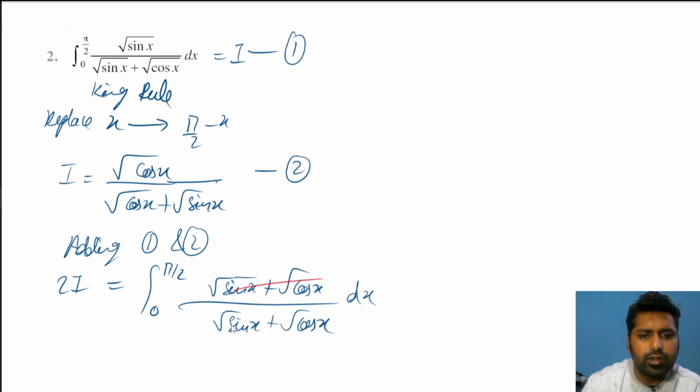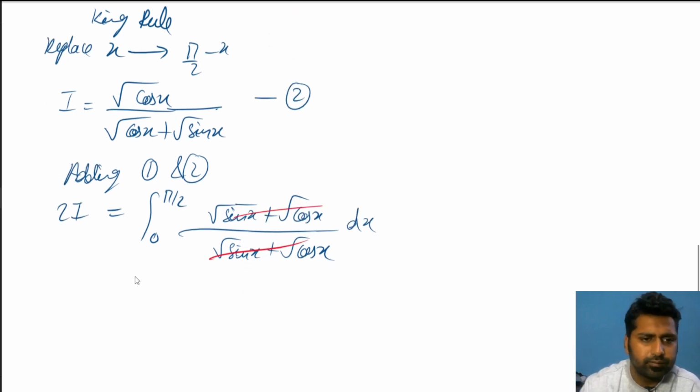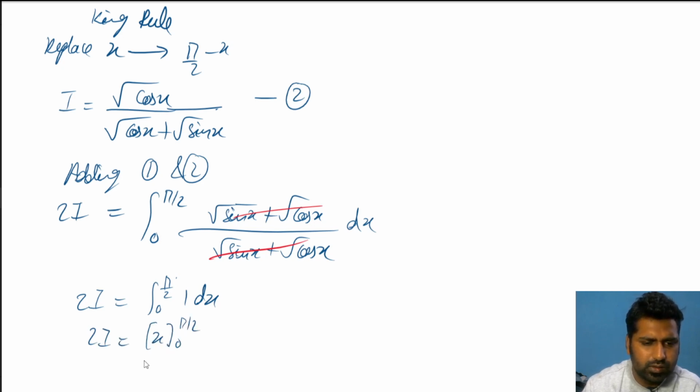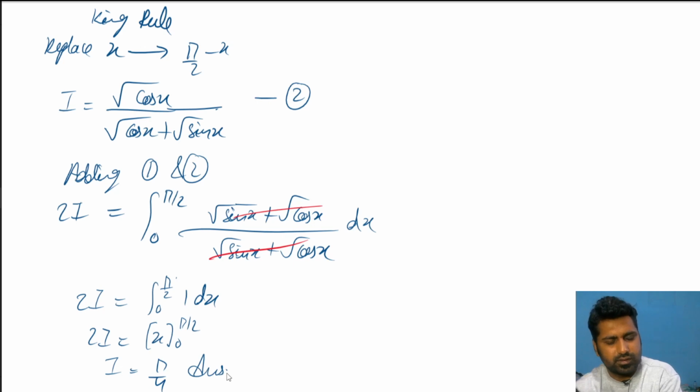As the numerator and denominator are the same, they cancel. So 2I is integration 0 to pi by 2, 1 dx. So 2I is equal to x from 0 to pi by 2, so I is again pi by 4. Interestingly, pi by 4 is the answer for a lot of questions. We will see.